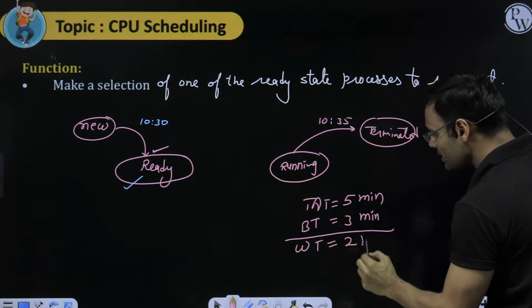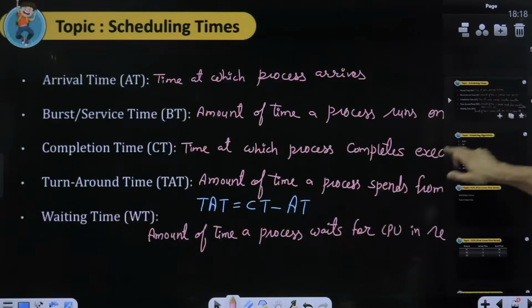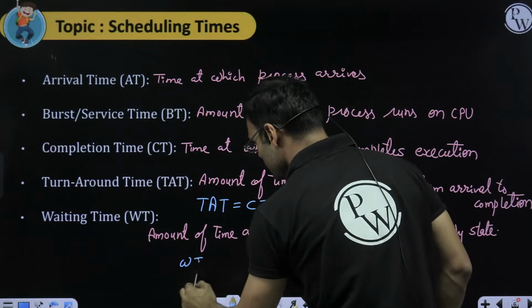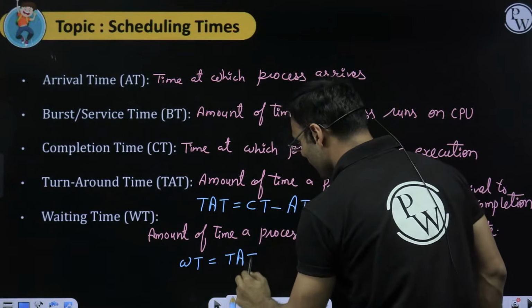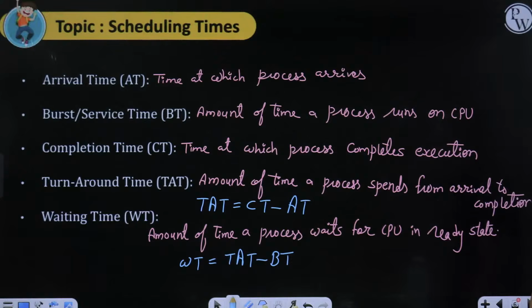The remaining 2 minutes, the process was waiting in the ready state. And that is the formula of waiting time. The simplest formula is turnaround time minus burst time of the process.